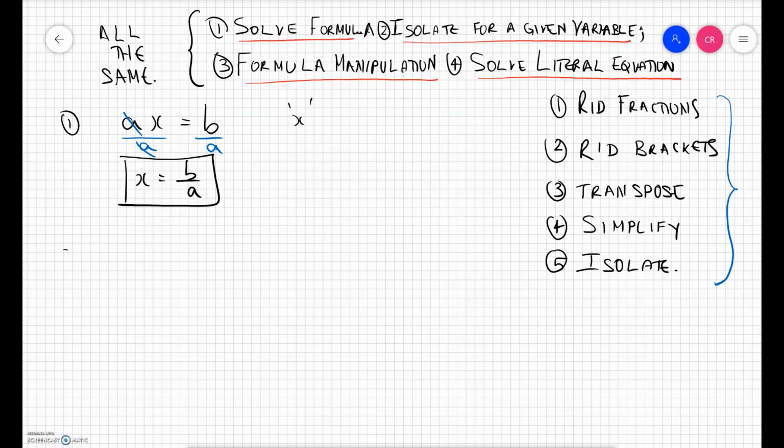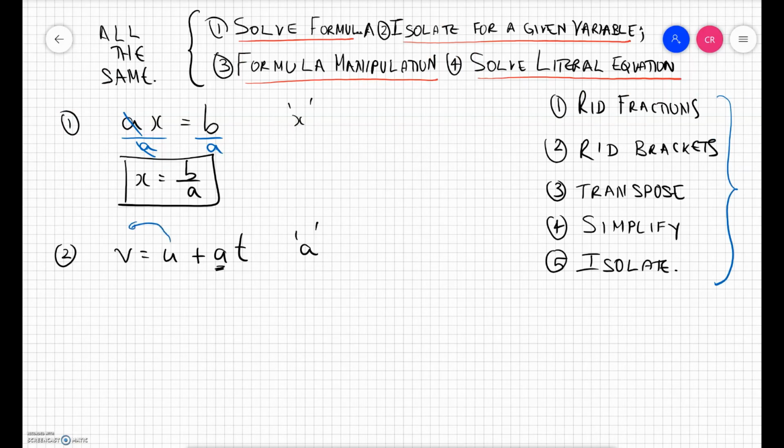Okay, number 2, we have v equals u plus at, and we're being asked to solve for a. So again, if we want to get a, we have to isolate the a. So the first thing we do is to get rid of the u.